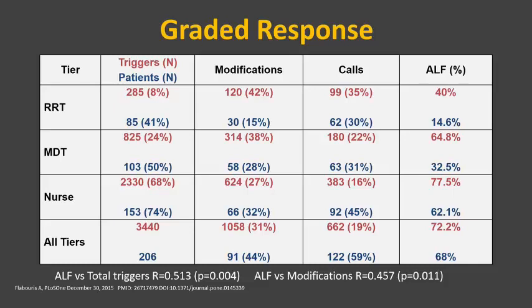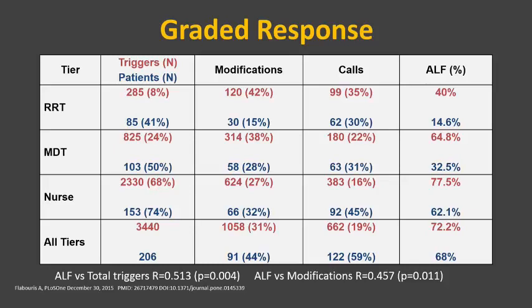So the lower tiers have common triggers. They make a lot of noise. They don't generate as many calls as they should be expected to, and so they've got a very high afferent limb failure. The consequences of that afferent limb failure are not well defined, but it's there.